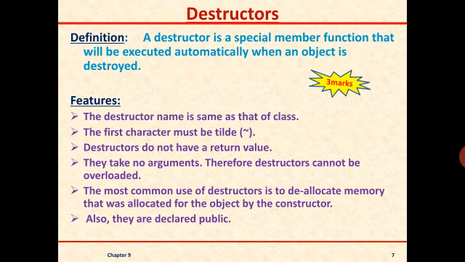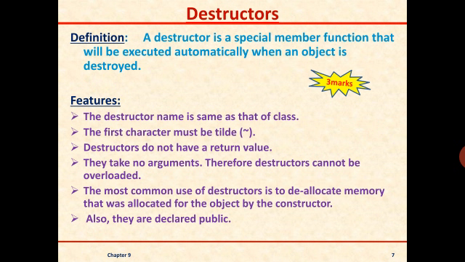Now the third and last type of constructor, the copy constructor, we have completed. At the end of this chapter we will discuss destructors. Till now I told what a constructor is. A constructor is used to initialize the object. But when I am telling what a destructor is, the definition is important as well as its features. A destructor is a special member function that will be executed automatically when the object is destroyed.